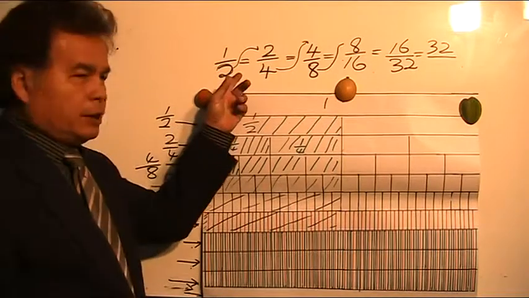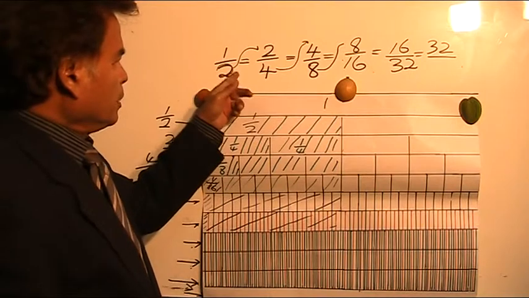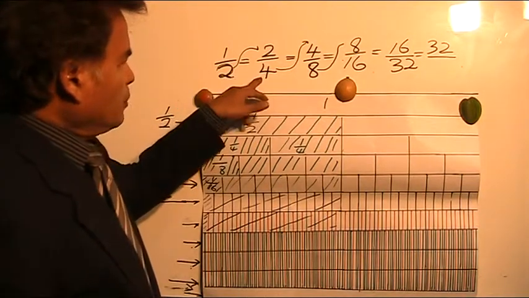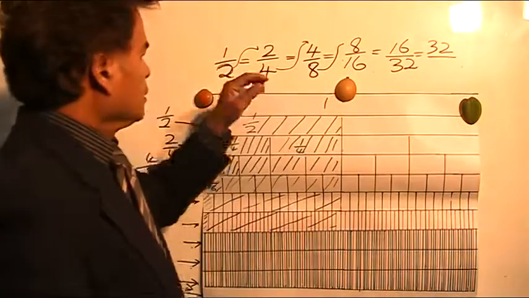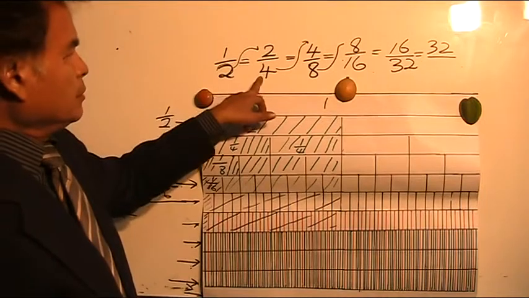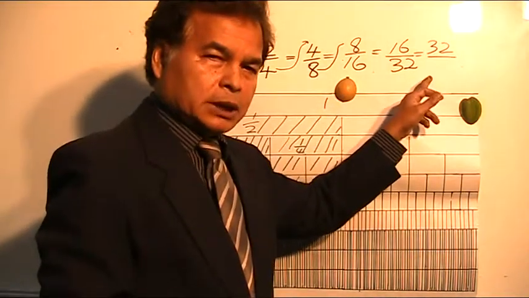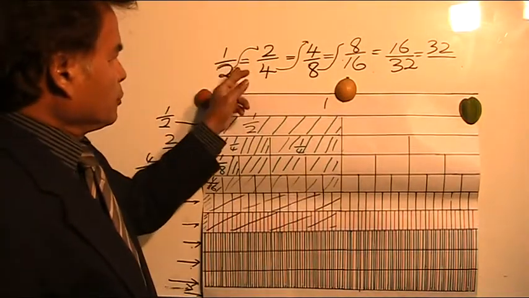Before that, you see how the denominator changes. Bagaimanakah penyebut ini bertukar? Dari 2, from 2 become 4, 4 becomes 8, 8 becomes 16, 16 becomes 32. 2 berubah kepada 4, 4 kepada 8, 8 kepada 16, 16 kepada 32. Bagaimana dapat 4? How do you get 4 from 2?